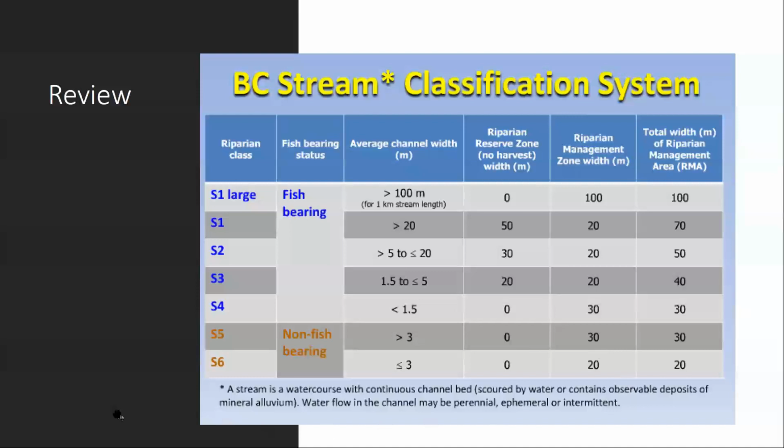It'll get labeled as an S4, not an S6, and that's in part because the criteria for the size of an S4 is actually the same as an S6. It's just the fact that it's deemed fish-bearing or not, or within a community watershed. Does that address your question, Jen? It does. Would that be regardless of slope? Yes, regardless of slope. Okay, cool. Thank you.